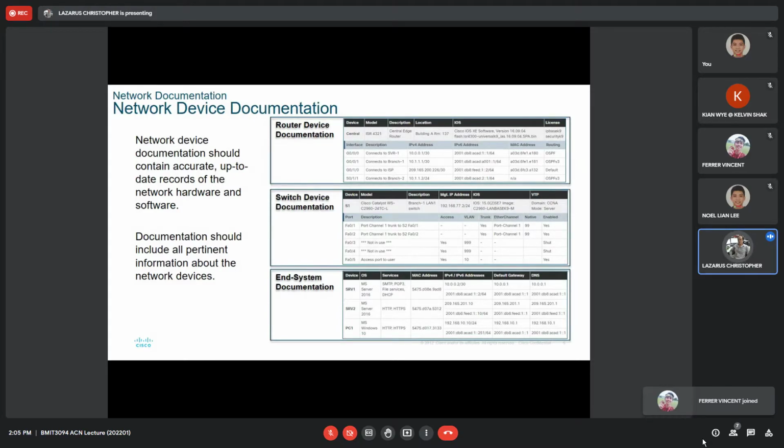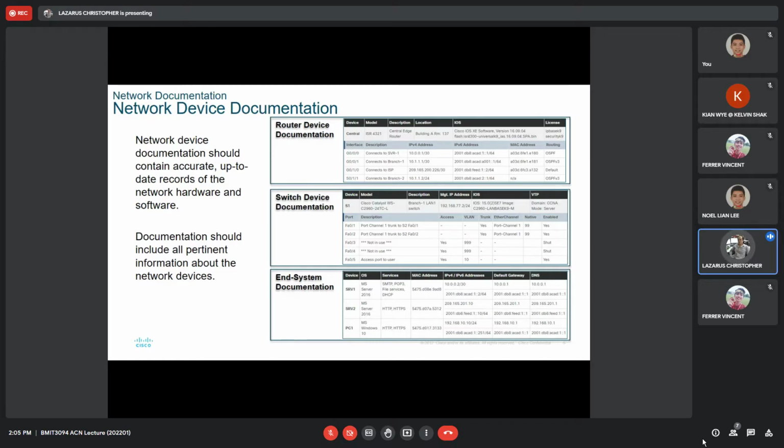Router device documentation: you can see the header, the name of the device, the model of the device, the description, location, IOS version, and the license for that IOS, and then the interface on that device, and the description, the IPv4 address, IPv6 address, its MAC address, and what routing you use.